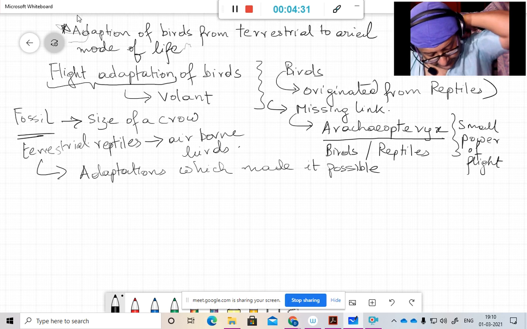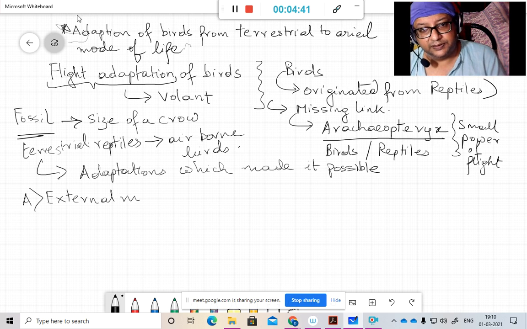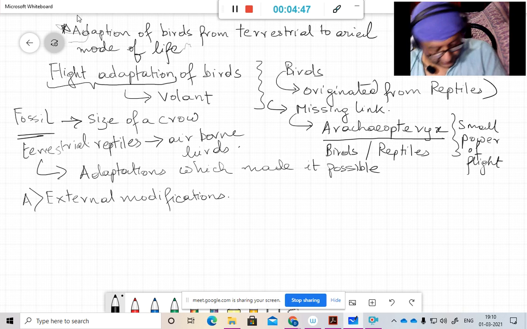And now what are these types of adaptation? The first, let us talk about the external modifications. What are the external modifications?